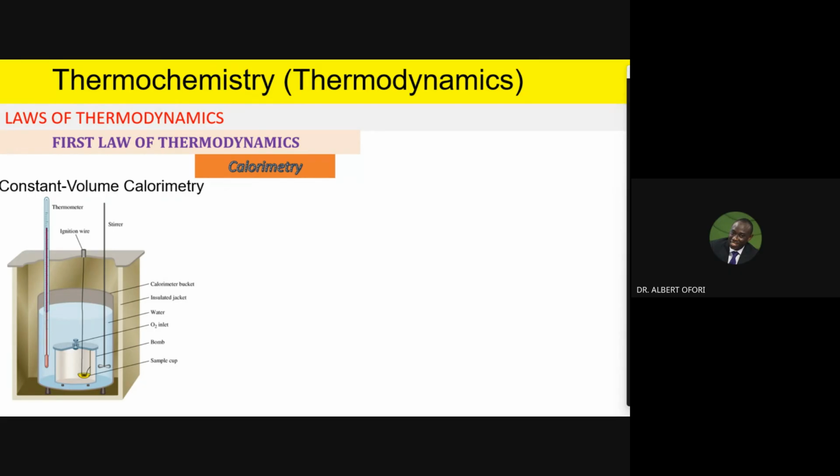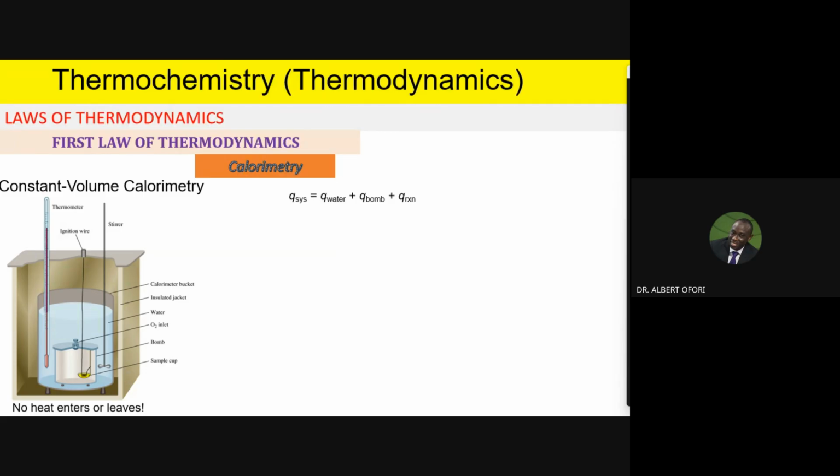For example, in typical cases for gases, that's what happens. But in the calorimeter, though temperature and pressure are changing, the volume can be constant. If you remember that formula, the heat is equal to the change in energy plus or minus P delta V. It can also be a delta P and then V, meaning the pressure is changing but the volume is constant. Now, what happens in such a calorimeter where the volume is not changing?